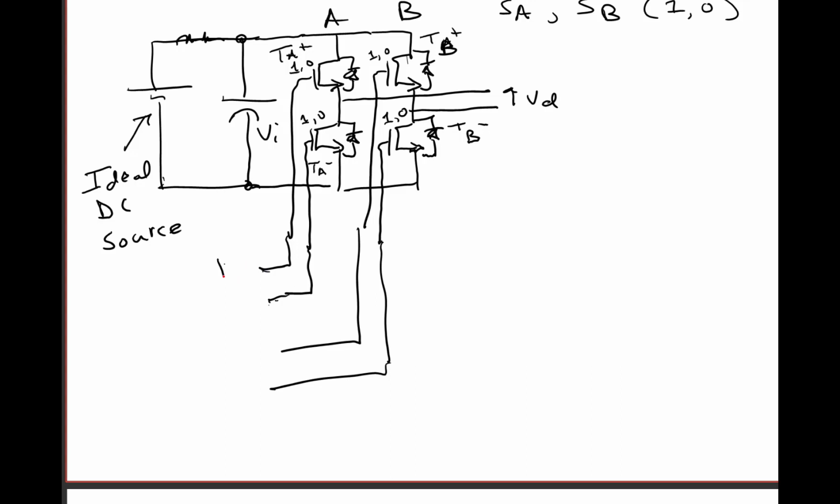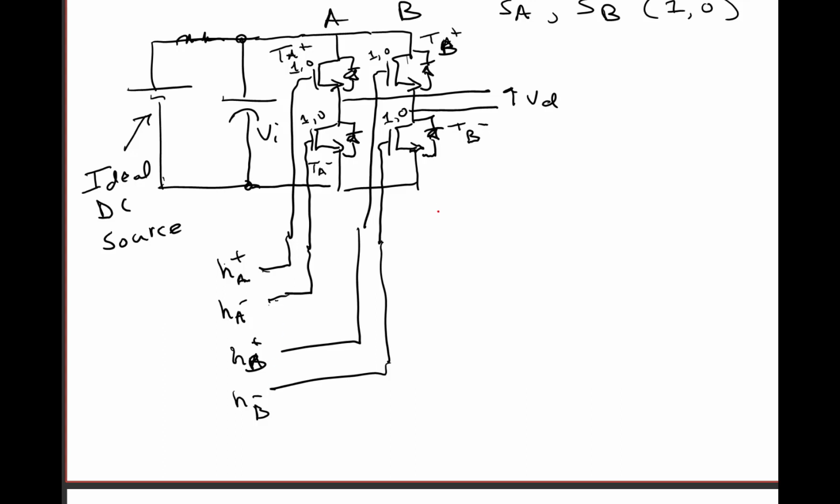This pulse train that you're applying, that you're going to synthesize with your pulse width modulation controls, we'll call H sub A, H sub B. Sorry, it's not that. H sub A plus, H sub A minus, H sub B plus, H sub B minus.